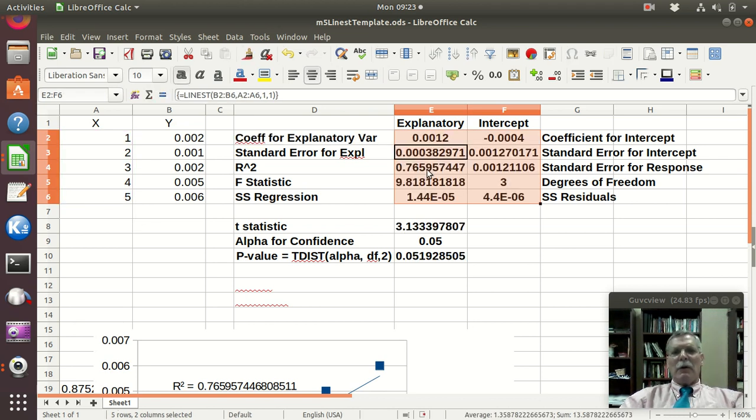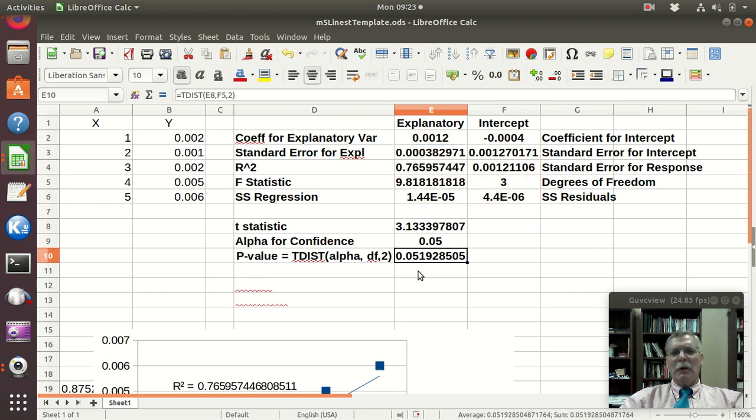So there's my R squared of 0.76, but look at my p-value, 0.051, and so we would fail to reject the null hypothesis, but remember the null hypothesis is that the slope is 0.